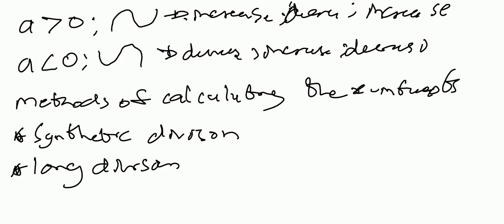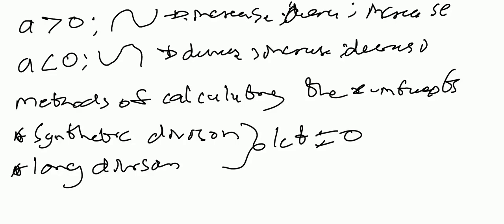So I will be focusing on these two methods. There are more methods, like inspection, but I will only focus on synthetic division and long division. These are the methods that you use to calculate your x-intercept. And remember, when calculating your x-intercept, you let y equal to 0.